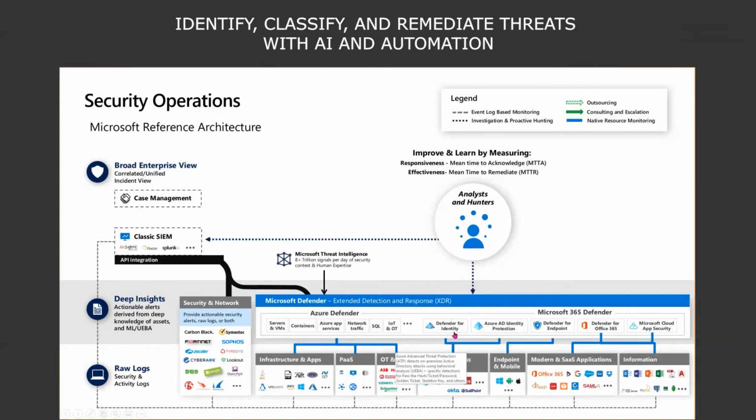That provides Defender for Identity, Identity Protection, Defender for Endpoint, Defender for Office, and Microsoft Cloud App Security as our cloud access security broker. All of these are supported by automated investigation and response that's built right into the system.